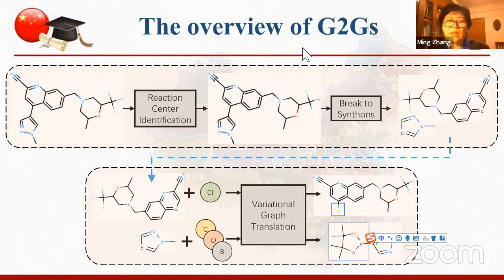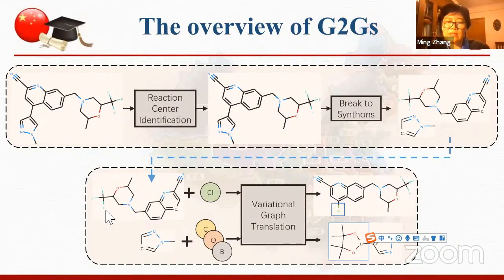First of all, we have a reaction center identification, and then we break the product into smaller parts. And then we have some variational graph translation.